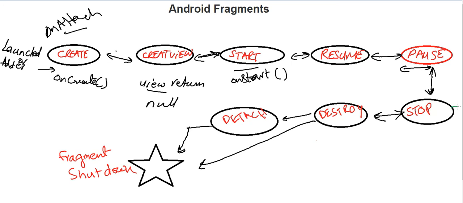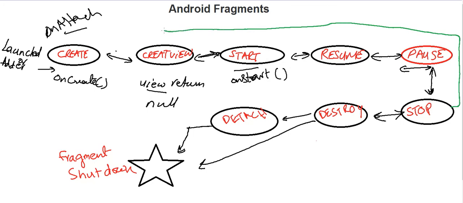So from the fragment stop, if the user clicks or calls the fragment again, it comes to the onCreateView. From the pause, it goes to resume again, and that's very similar to the activity concept.